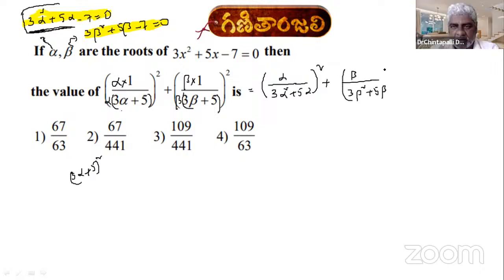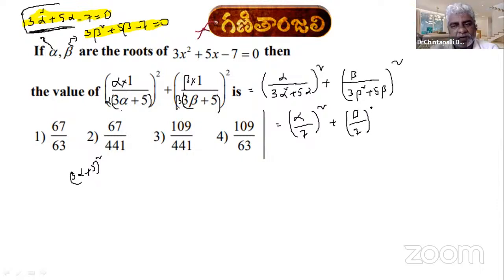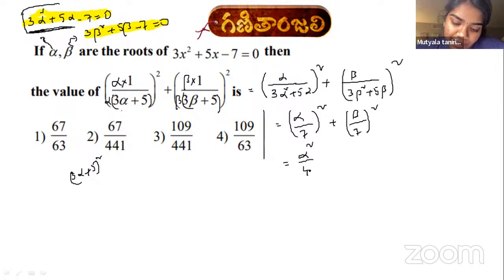Go ahead now. Alpha by 7 whole squared plus beta by 7 whole squared. What is alpha by 7 whole squared? Alpha squared by 49.